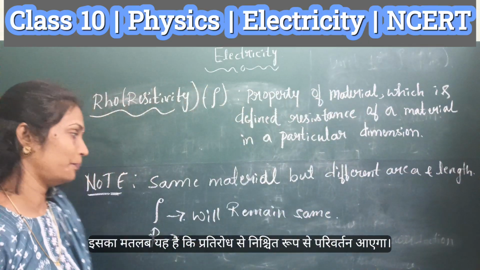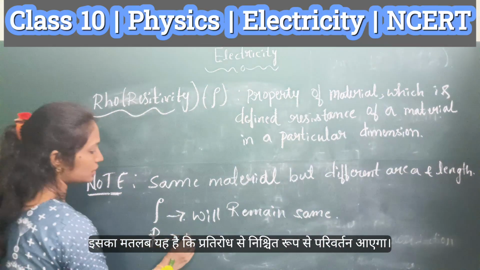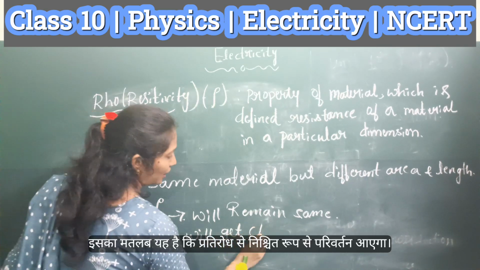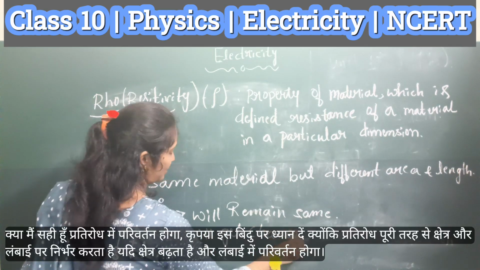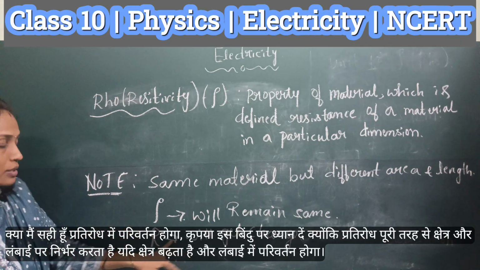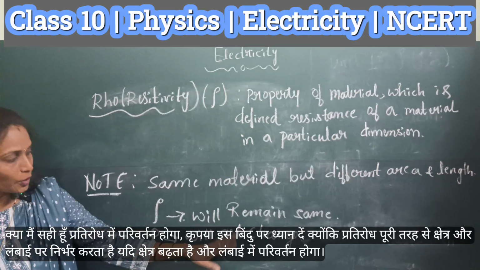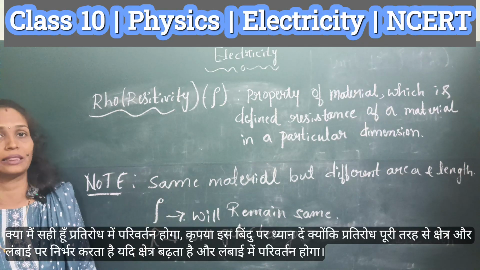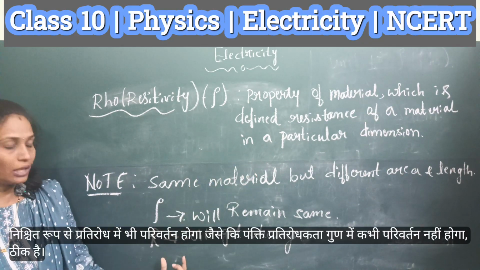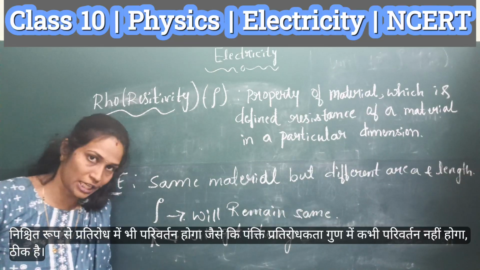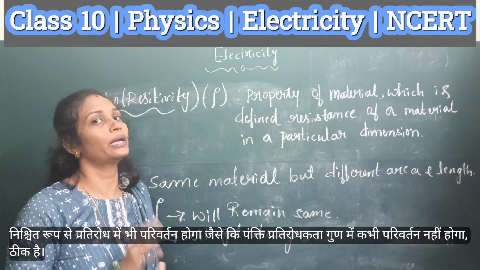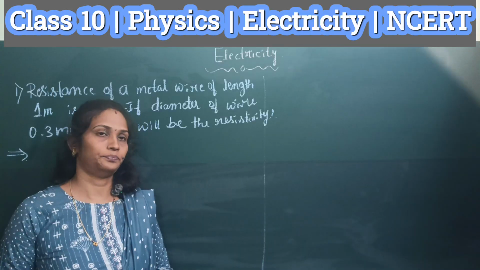It means definitely resistance will change. Am I right? Please note this point, because resistance is purely dependent on area and length. If the area increases and length changes, definitely the resistance will also change. Like that, rho, resistivity, the property will never change.